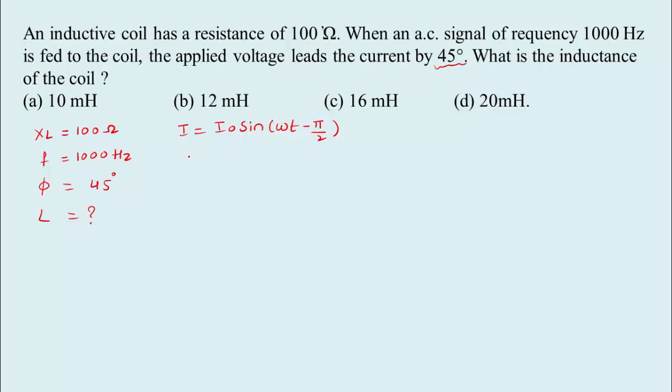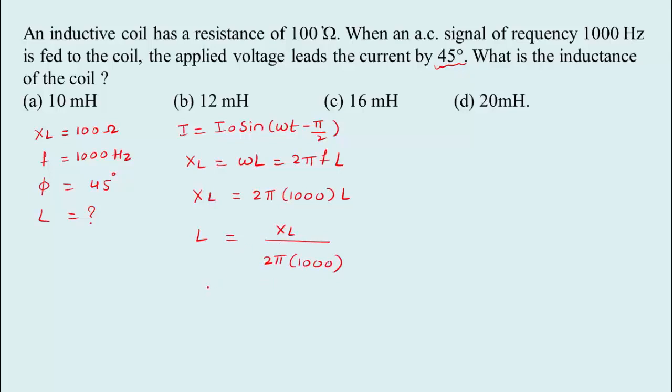See here, we know that XL is equal to omega L, or in place of omega we can write 2 pi F. So XL equal to 2 pi F L. F is 1000, so we will get L equal to XL divided by 2 pi 1000, right?